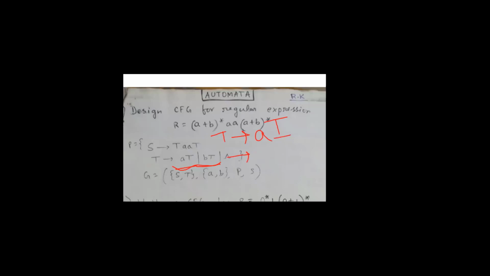So we are getting A A capital T. The next step we replace capital T by BT. So we get A A B T. Next time you replace capital T by AT again. It becomes A A B A. In this way you can get AB combinations also. So by applying AT and BT combined, you can get AB combinations.